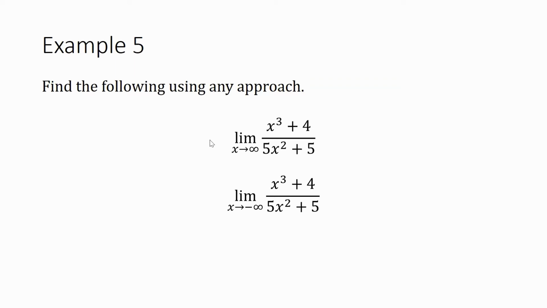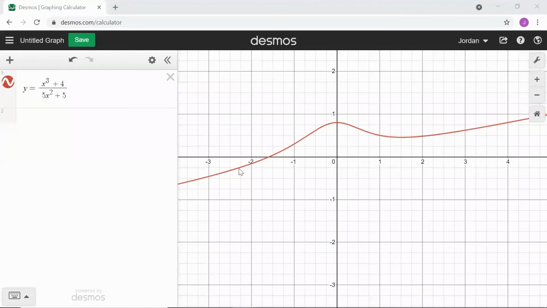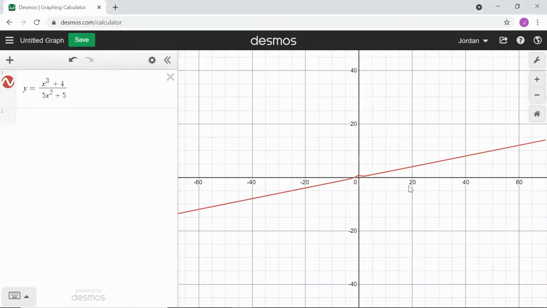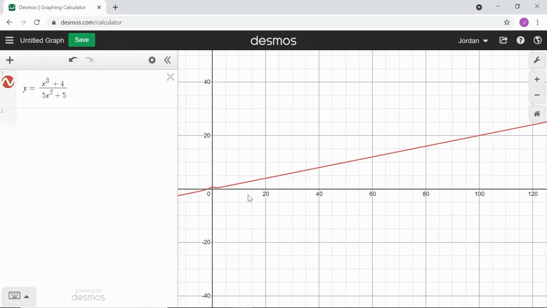So I'm going to graphically find these limits. This rational function has kind of a unique graph. It has kind of a hump around the x value of 0. And then as I zoom out, notice what's happening.